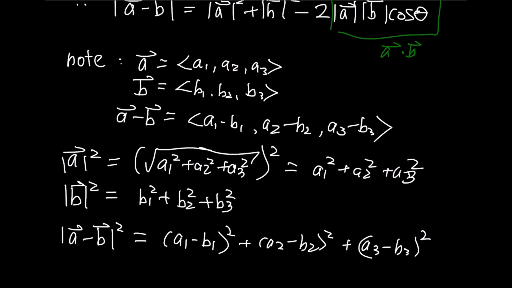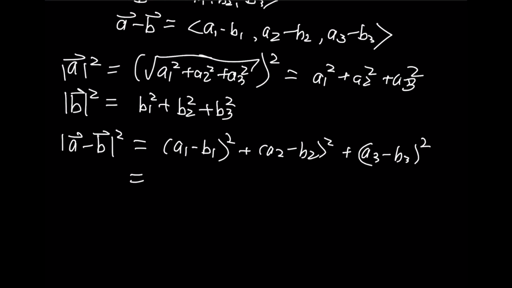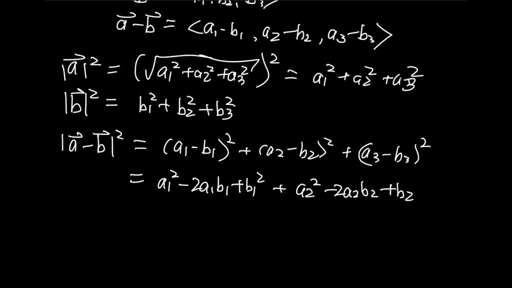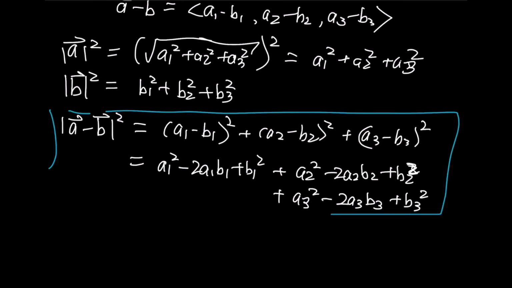Now the squares are all on the outside here. I have to clean this up by foiling it out. I'll get A1 squared minus 2A1 B1 plus B1 squared, and the same thing will happen to the remaining terms. The exact same pattern happens. It is going to look like a mess, but you'll see in a moment that it will all clean up nicely. All of these things here are on the left-hand side of the equation.